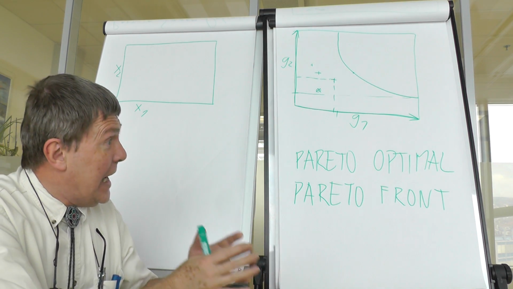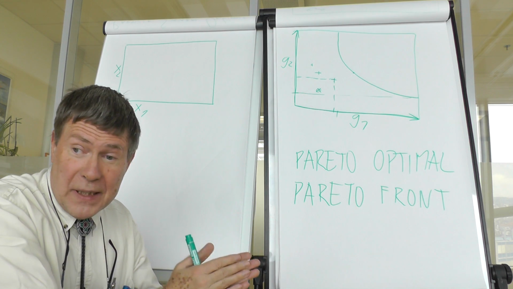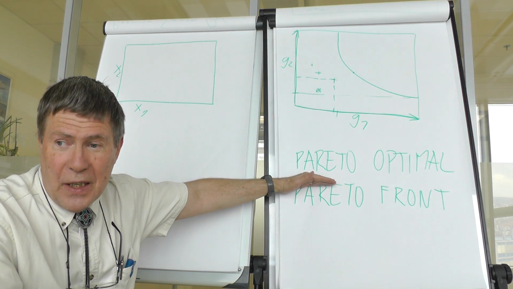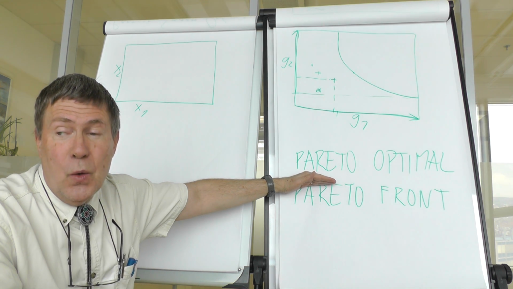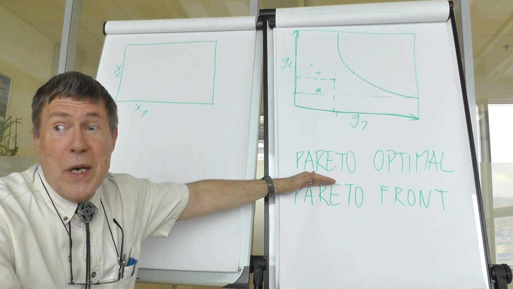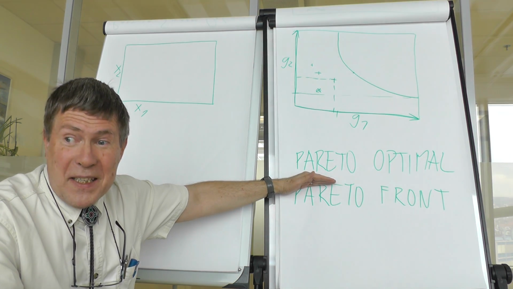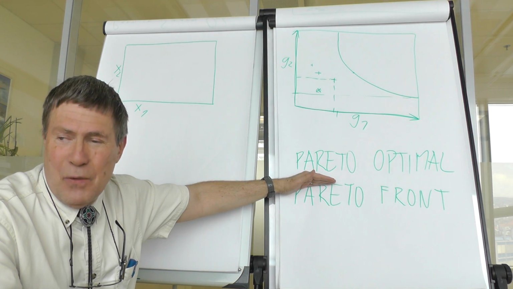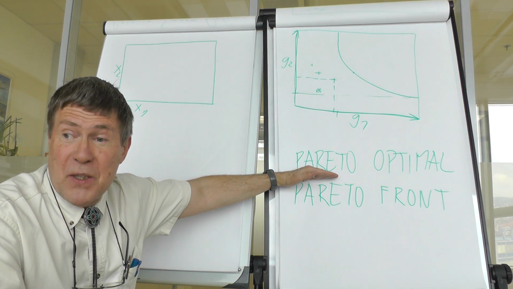So again, important ideas. A Pareto optimal solution is one in which you cannot improve in one goal without decreasing the performance in other goals, or at least in one other goal. That's the Pareto optimal solution.